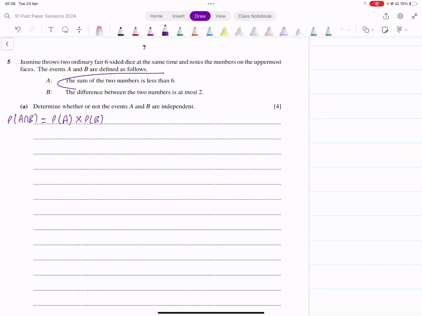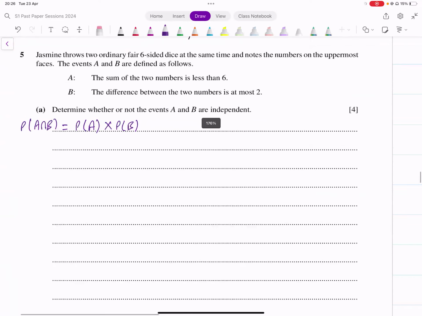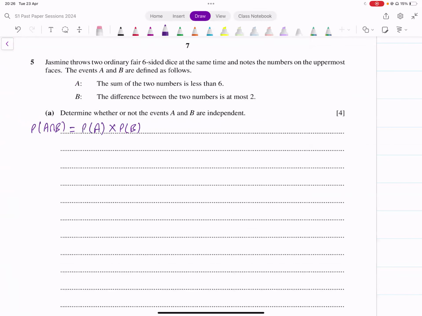So the sum of the two numbers is less than 6. What are the possibilities you could have for them? If you want to list them down, the way to do it is like this. You start in one structured way: what if the first dice gives you number 1? Then what are the possibilities for the second dice? So keep the first dice number fixed at 1. With the first dice showing 1, you could have 1, 1, 1, 2, and all the way up to 1, 5.